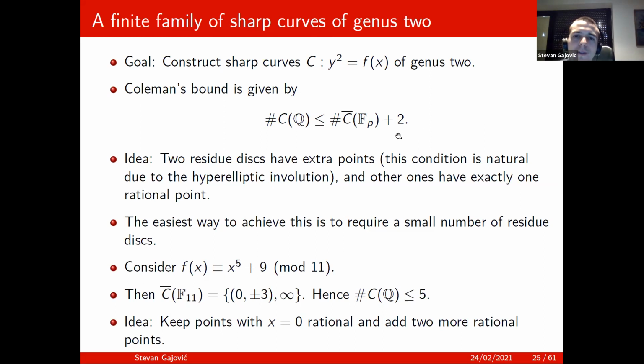So if each F_p point lifts to 1 rational point, and 2 of them lift to 2 points in C(Q), then this is precisely the equality here. And of course, we don't want to use many residue disks for it, so we will try to use a small number of them. And then this is some modular arithmetic.